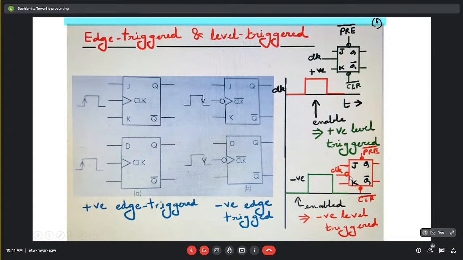And if it is a clock bar, it is fed over here, then a bubble is put in front of this input. So this is the symbol of the negative level triggered. Now, so far we are clear about level triggered and edge triggered. Now, what is negative level triggered or negative edge triggered?